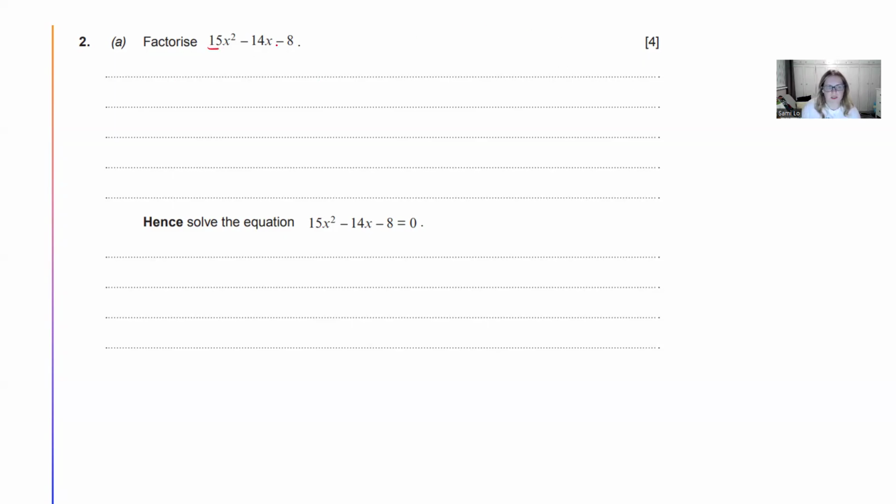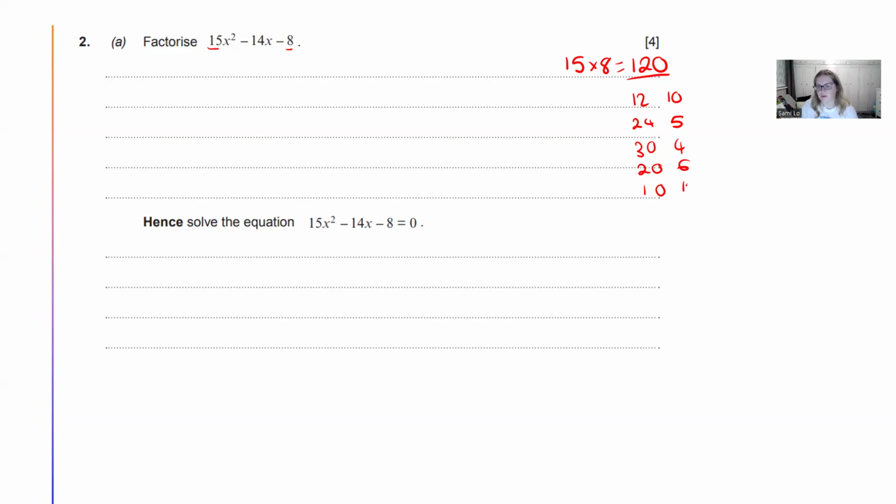So the first thing I recommend you do is multiply the 15 and the 8. This is the method that I tend to use. There might be different ones out there; this just makes sense to me. Find the factors of 120. So we know we've got 12 and 10, 24 and 5, you should see 30 and 4, 20 and 6, and you probably could go on for a bit longer if you wanted to.